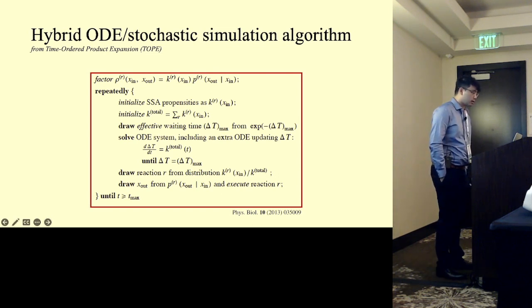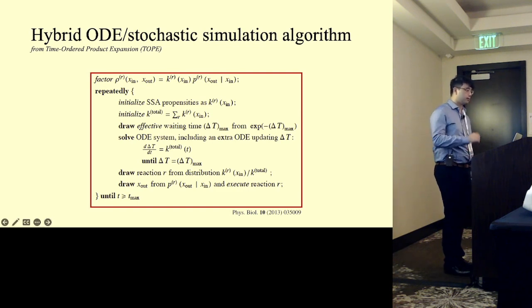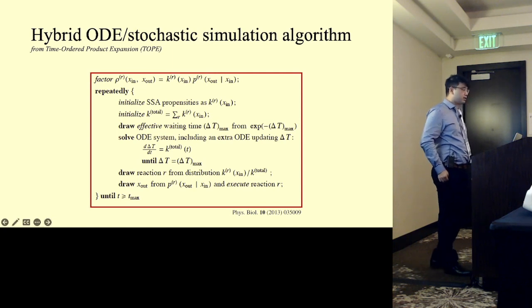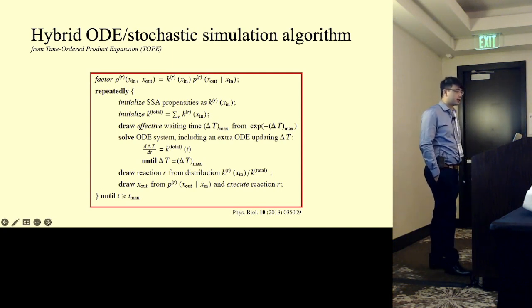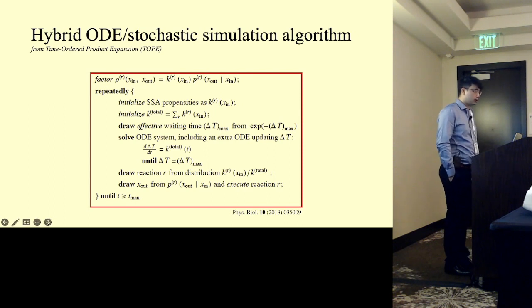And there's an ODE that's solved in the middle of the algorithm. And using this update of parameters together with the updated parameters from the jump reaction, this is considered a single step.